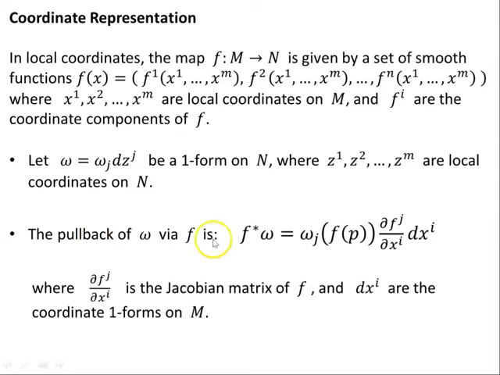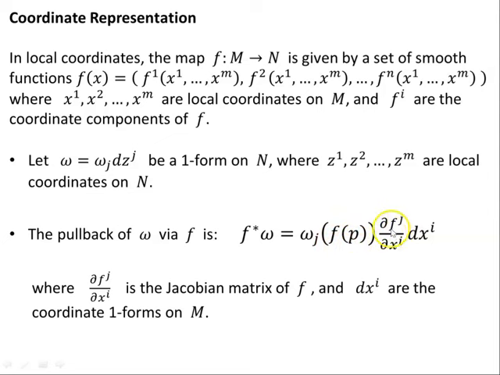The pullback of omega via F, F upper asterisk omega, is omega_j. Just to emphasize, we've used the map F to take coordinates from M over to N.